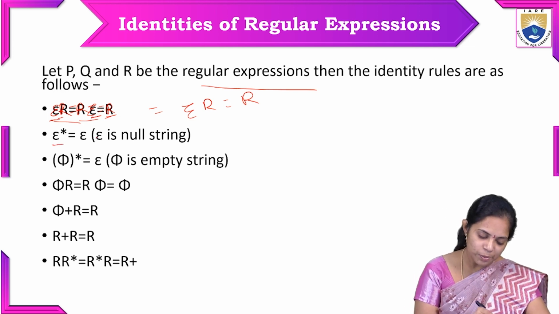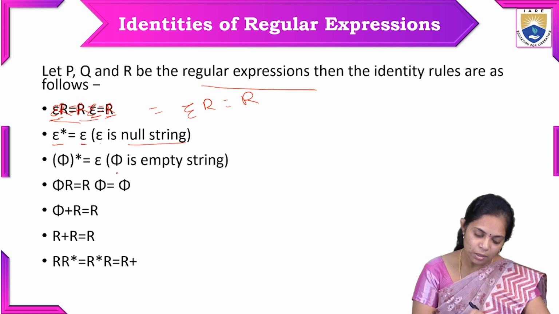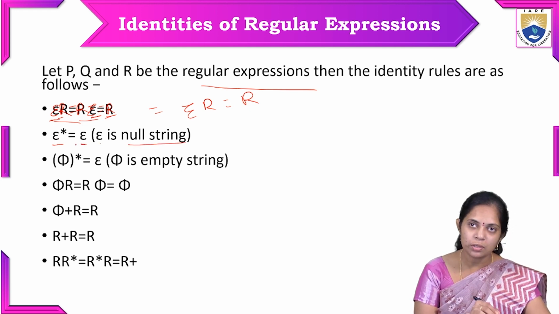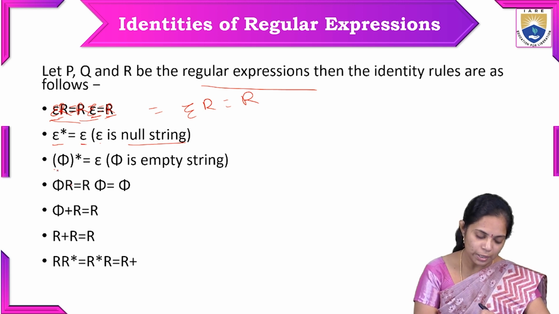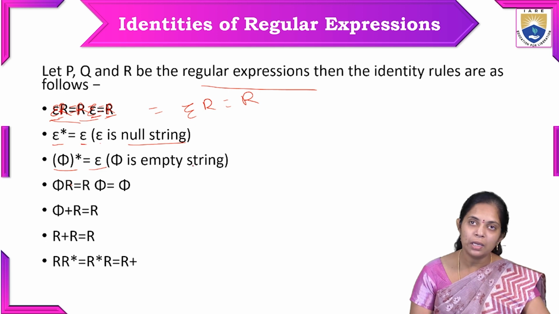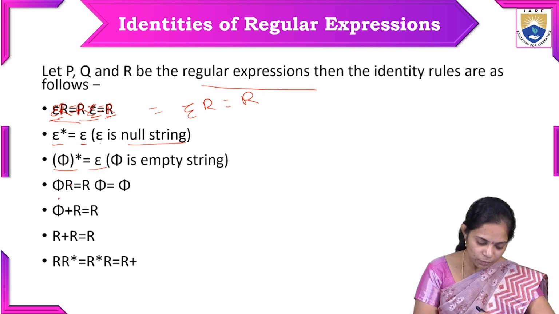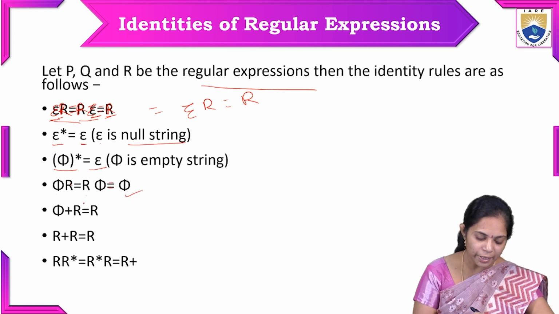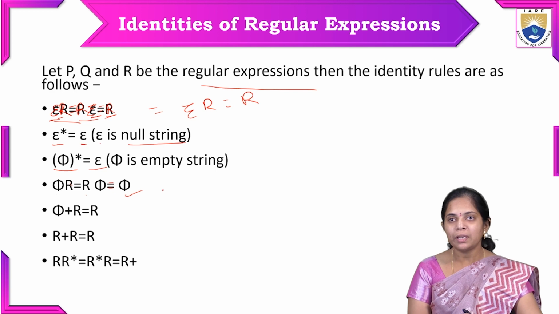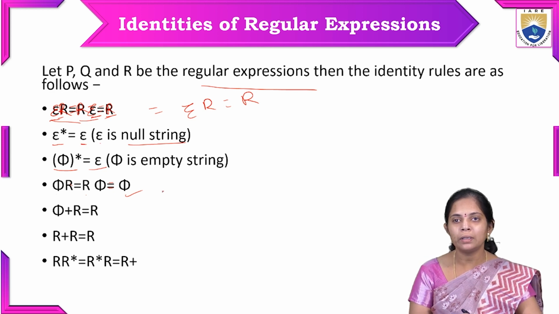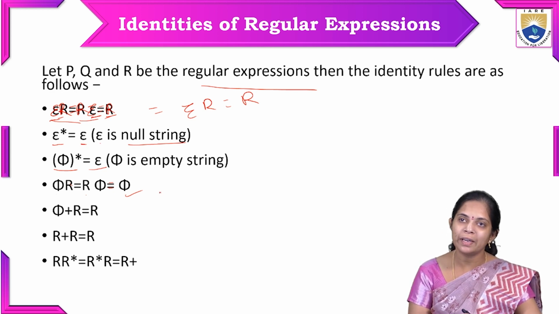And here epsilon is the null string, and epsilon star is also epsilon. Empty string star gives epsilon. And empty set R is equal to R empty set, we will get concatenation, like multiplication: 0 into 1 and 1 into 0, we will get 0 only.